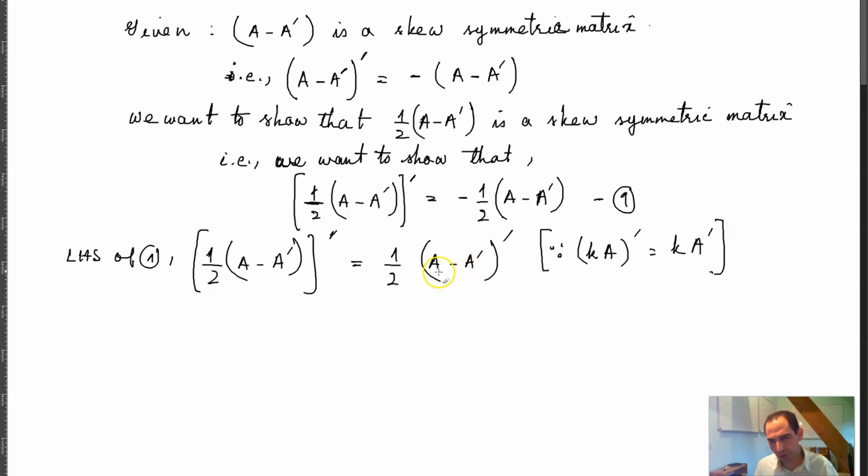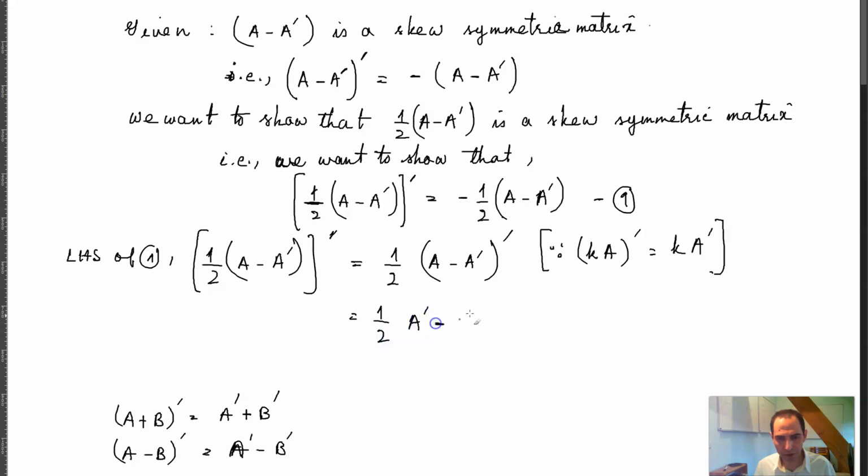And then we also proved before that (A plus B) whole prime is the same thing as A prime plus B prime, and we also showed that (A minus B) whole prime is the same thing as A prime minus B prime. We already did that. So I can write this as 1/2 of (A prime minus A prime whole prime), right? And that is because (A minus B) whole prime is the same thing as A prime minus B prime.